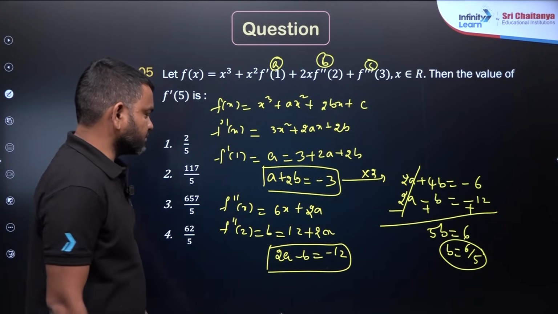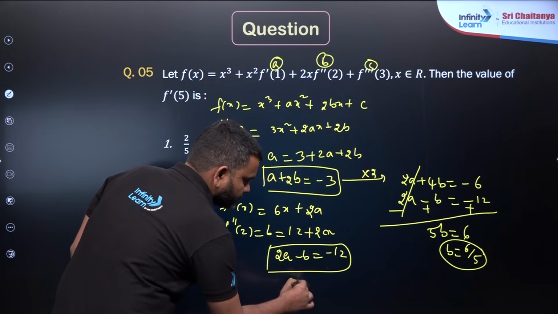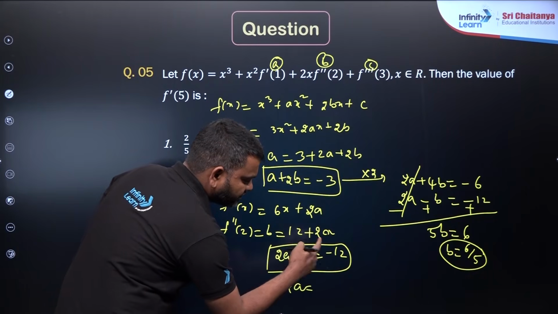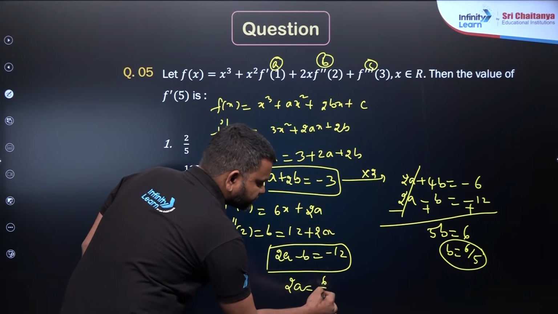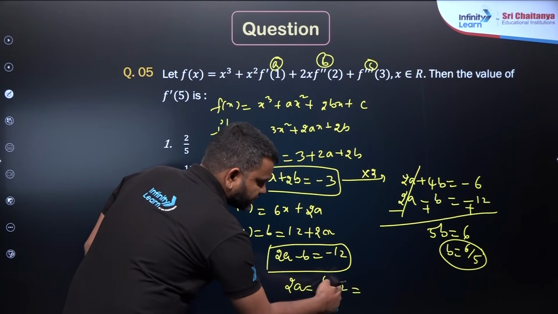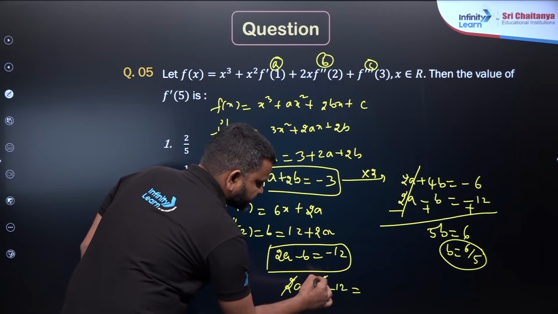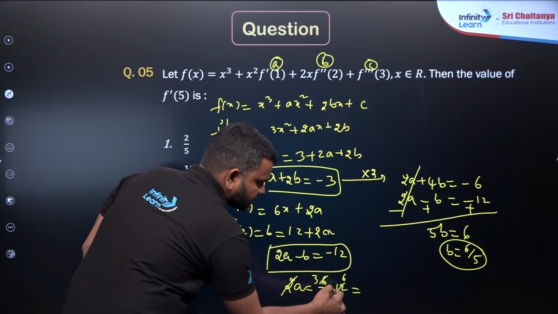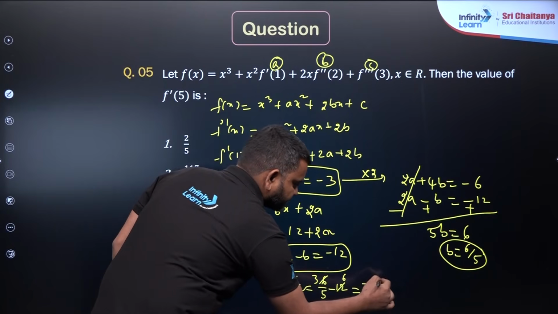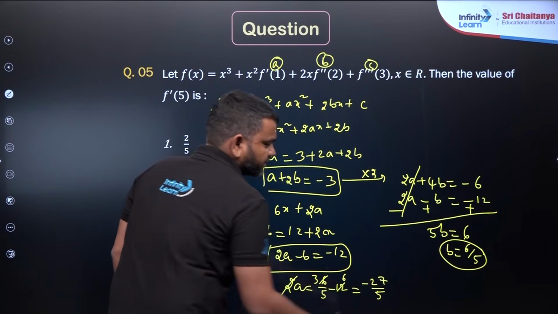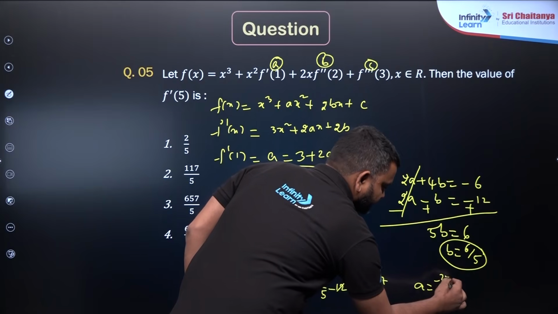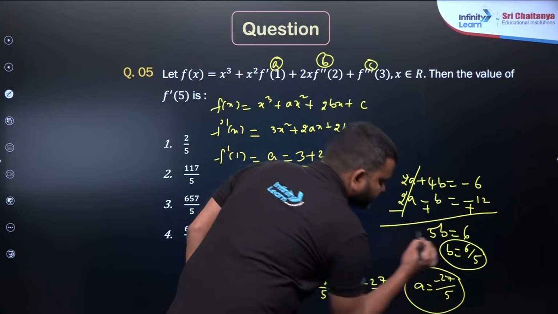If b is 6 by 5, from here 2a equals 6 by 5 minus 12, that is minus 54 by 5, so a equals minus 27 divided by 5.